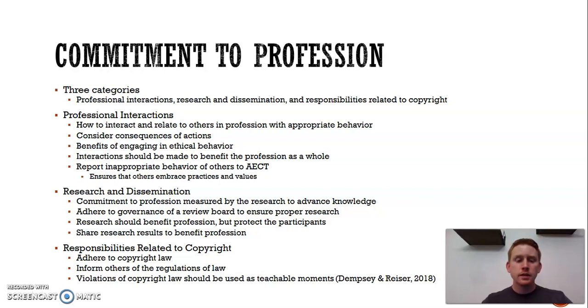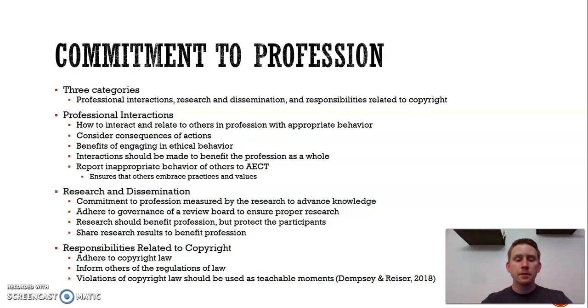Research and dissemination. Commitment to the profession is measured by the research done to advance knowledge. One must adhere to the governance of a review board to ensure proper research. Research should benefit the profession, but protect the participants in the research. One must share the research results to benefit the profession.